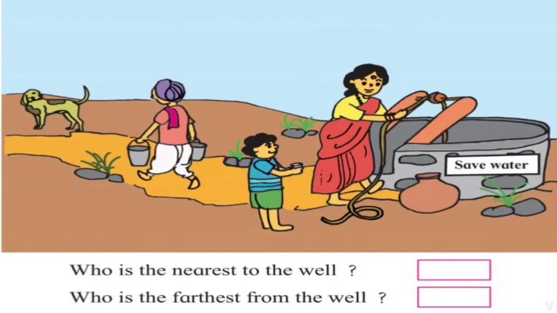The woman is nearest to the well. Who is the farthest from the well? Man or dog? The dog is farthest from the well. Understood? Very good. Write down woman here and dog in this box. Understood? Very good.